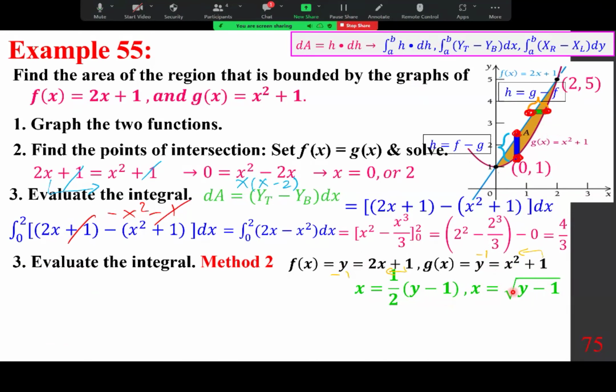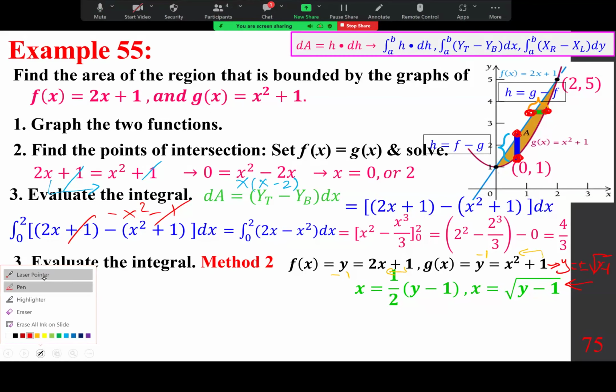And we use this one. We just use the positive one because this is positive.